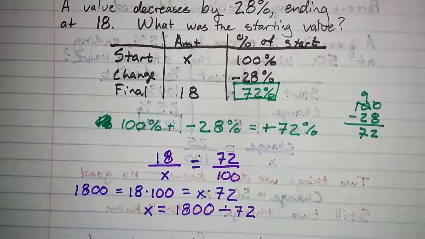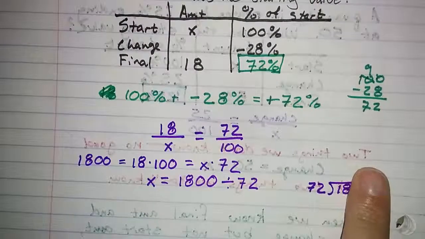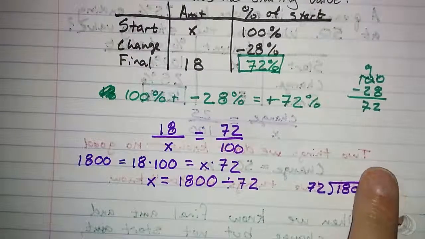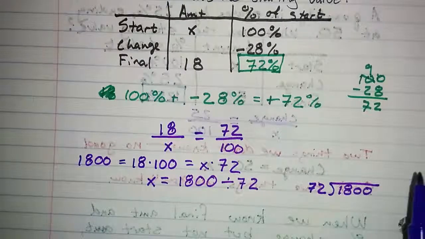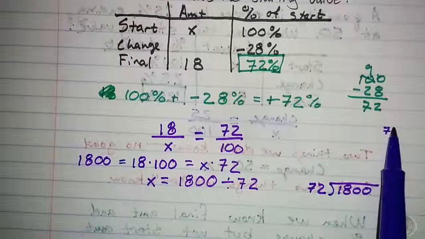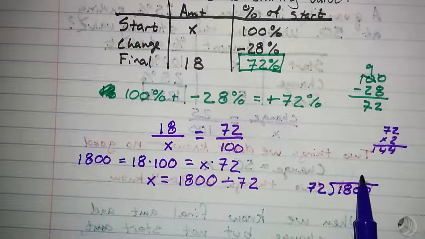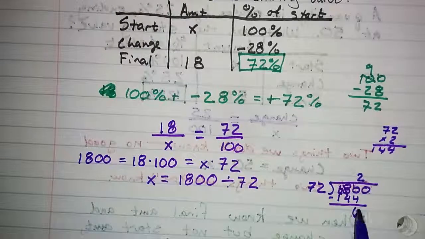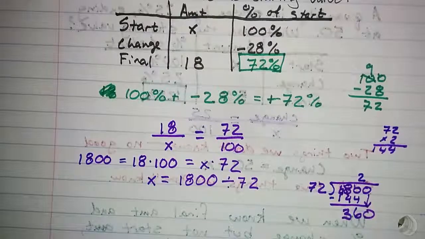Again, we're often working with big numbers in problems like this. 72 goes into 1, no. Into 18, no. Into 180 at least once. 2 or 3 times, I think only twice. 4, 14, yeah, 3 is going to be too much. 10 minus 4 is 6, 7 minus 4 is 3, bring down a 0.